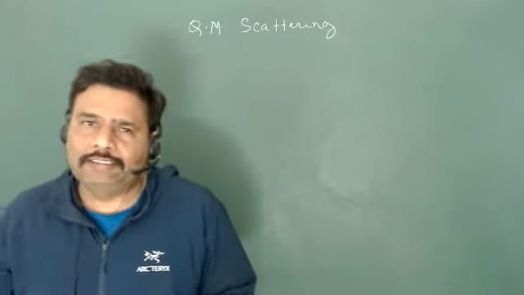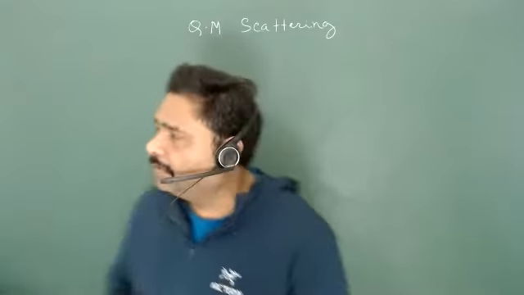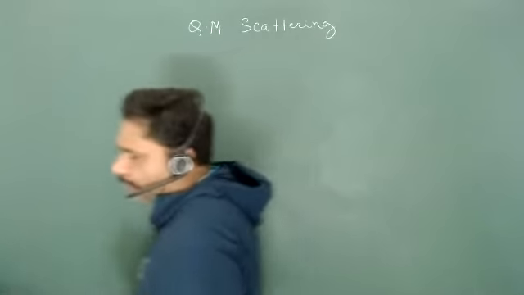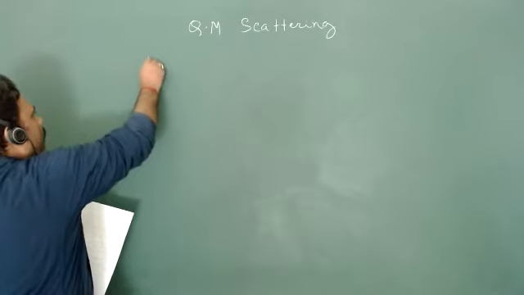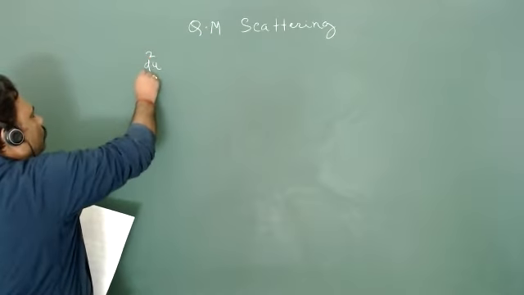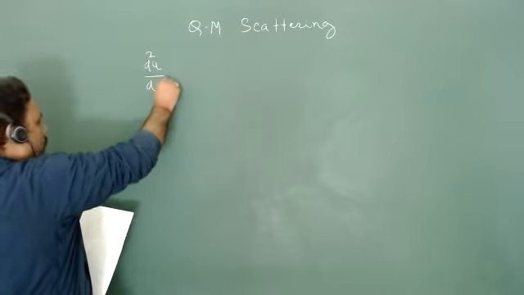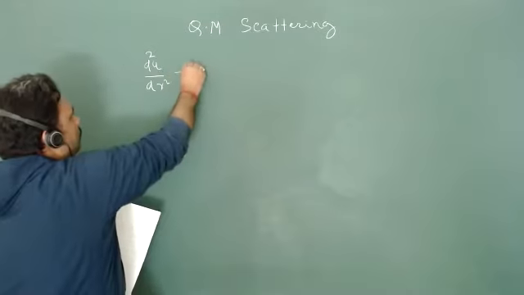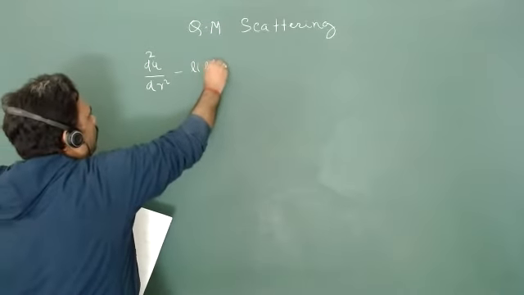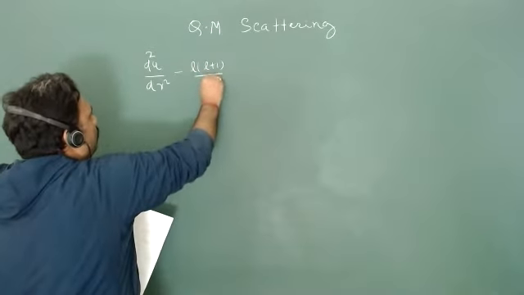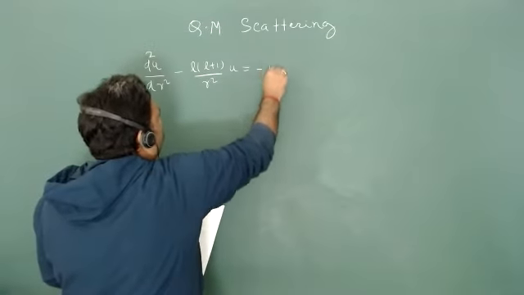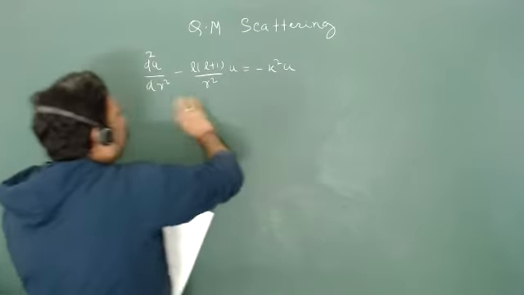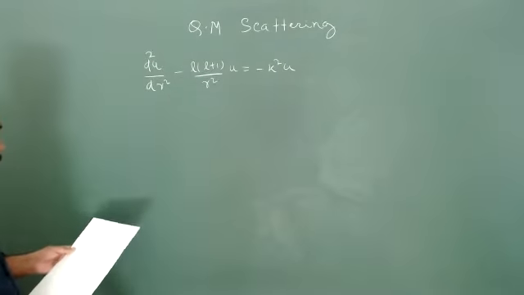go from the last class. I think you remember that we stopped at this point, where we have the equation d square u upon dr square minus L into L plus 1 over r square u is equal to minus k square u. And what is the solution of this equation?